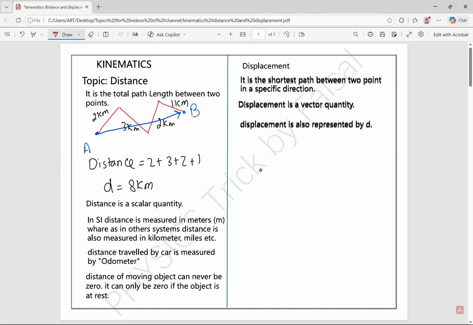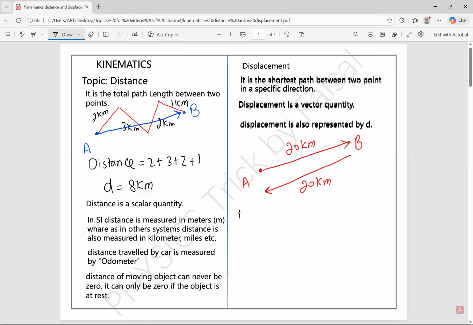We consider a car travels from point A to B, and the total distance traveled by this car is 20 kilometers. And if this car travels back from point B to A, it travels 20 kilometers.